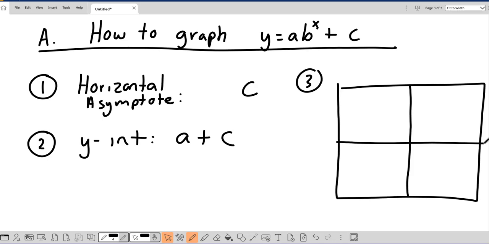So yesterday we talked about how if your b value is bigger than 1, then your graph is flat on the left and up on the right. And that little dotted line there represents the asymptote. And we talked about how if b is between 0 and 1, it's flat on the right and up on the left.